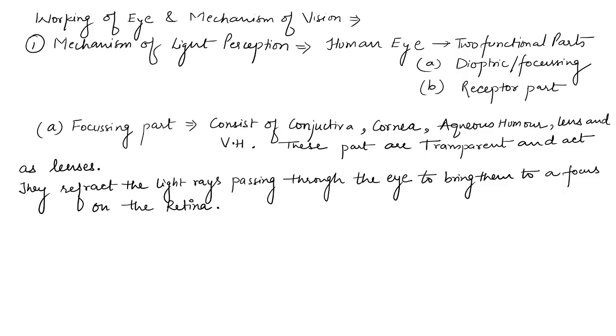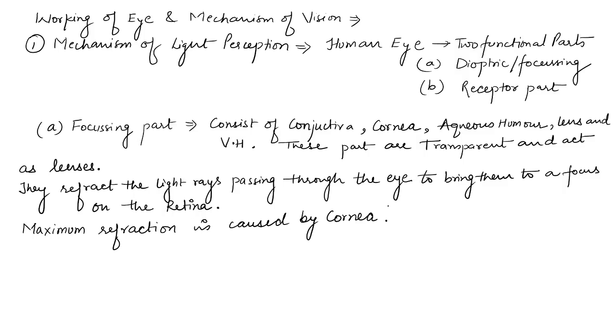Maximum refraction is caused by the cornea. Because of the refraction, the image approximately lies on the retina. The lens effects fine adjustment and brings the image into a sharp focus.